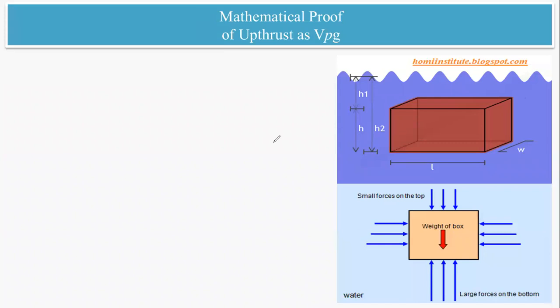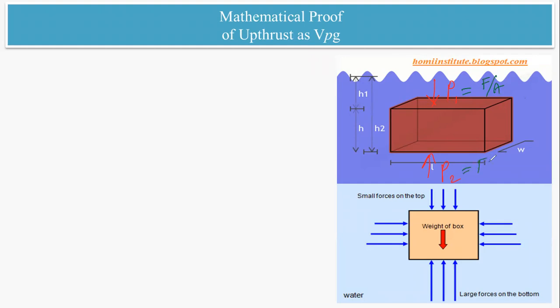Okay, so let's see and do the calculation. Say, as for example, we are talking about this object and the pressure acting on it. From the top, it is acting a pressure P1, and from the bottom, there is an action of pressure P2. So when we go for the calculation, pressure is force upon area.